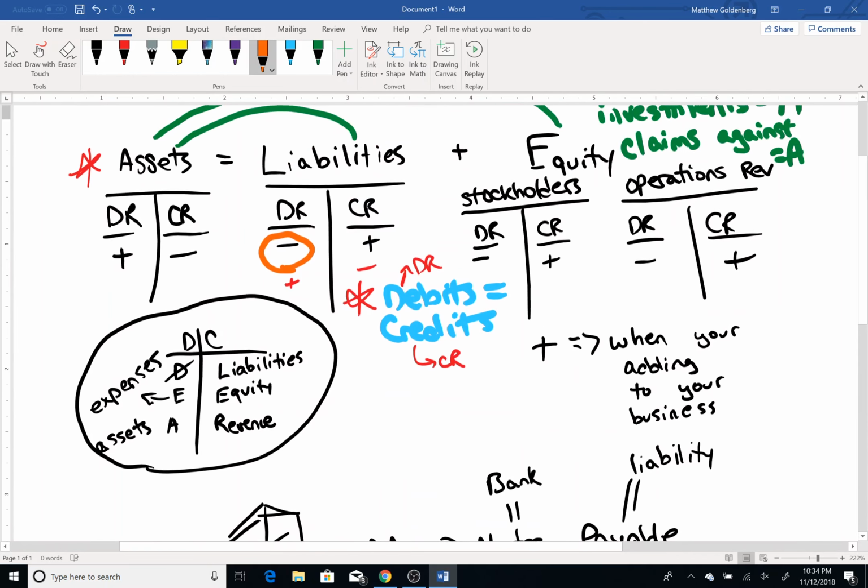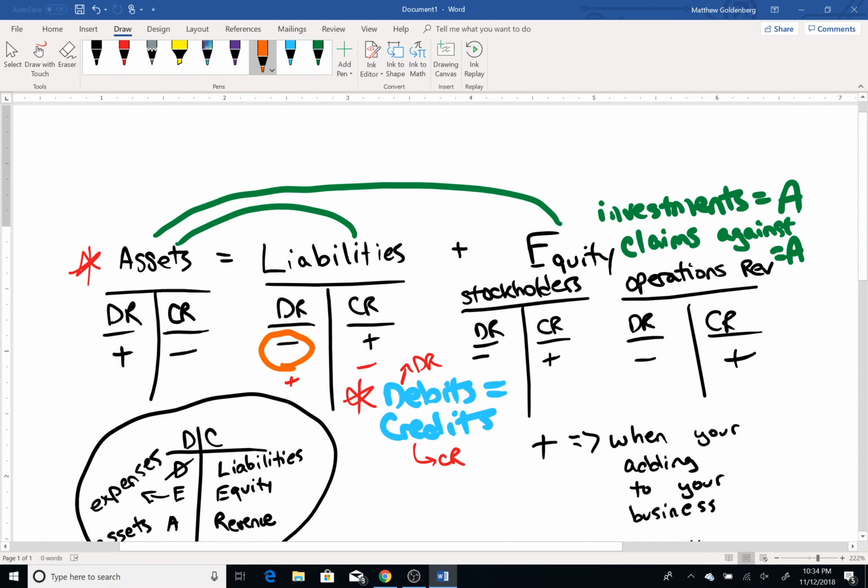That's where I say liabilities and equity have claims on assets. And that's why they sort of have to be equal, because in a good business you have to have enough assets so that you can satisfy all your liabilities and equities if you need to.